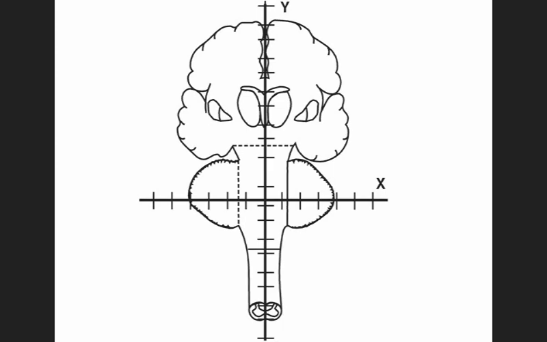Now, we need to add 3 longitudinal systems, which will help us obtain more Y values as well as additional X values. The first system that we need to be able to inspect and look at is the descending motor system, the upper motor neuron in combination with the lower motor neuron and their connections.